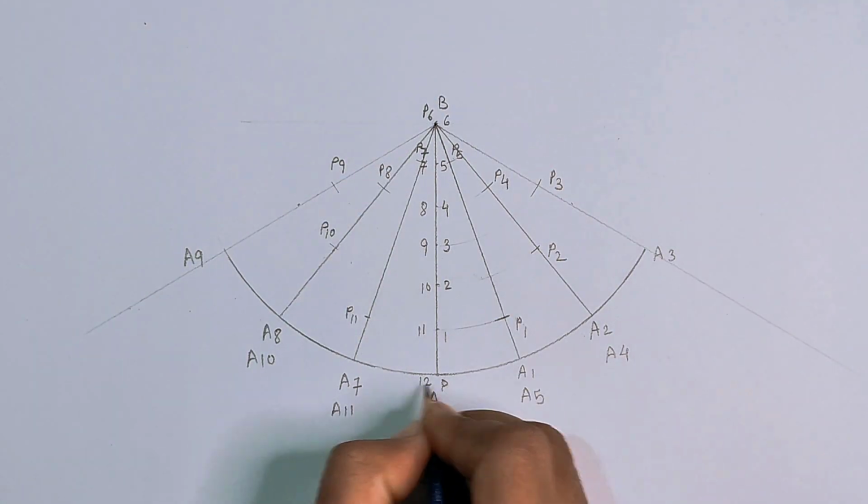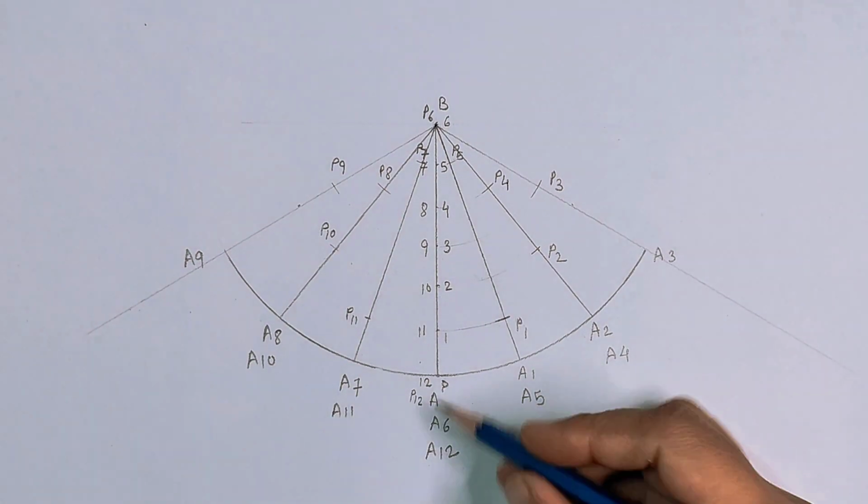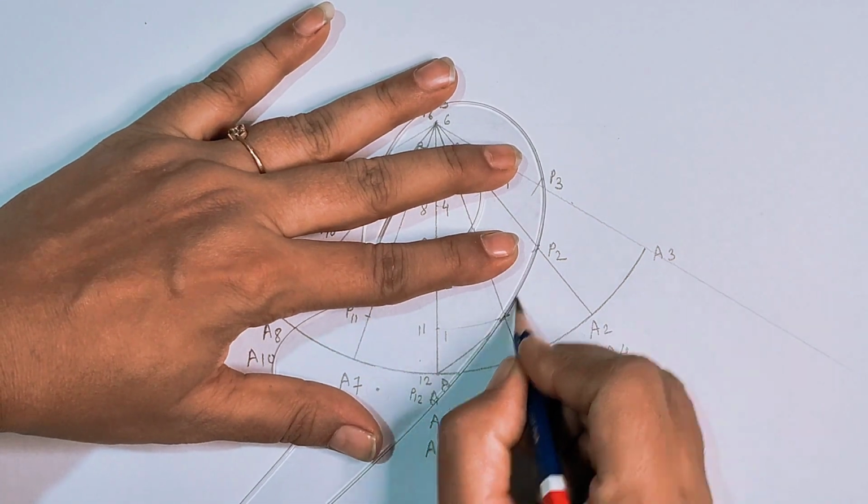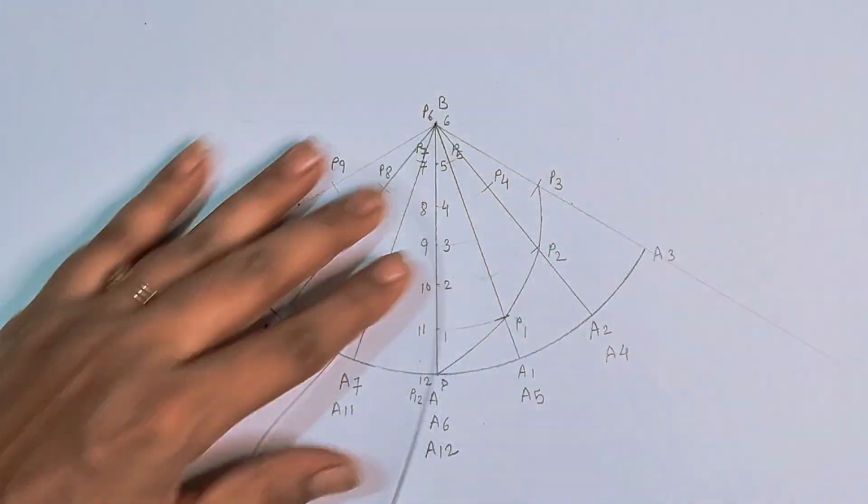The last step is to join P1, P2, P3, all the points in sequence, to get the required locus of the point.